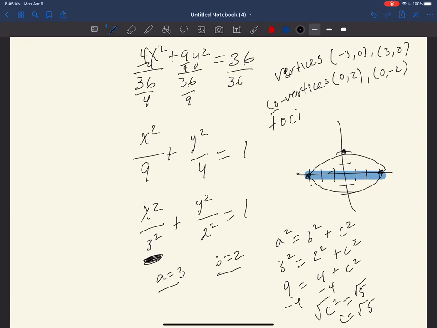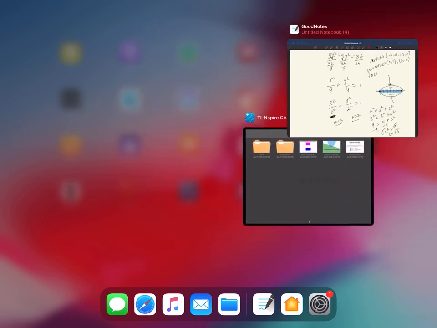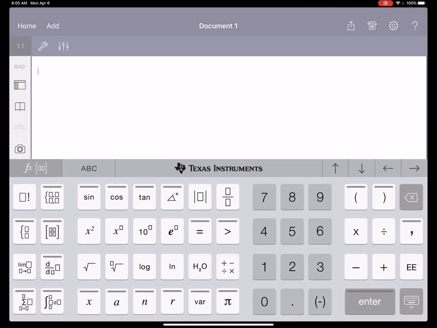So we're going to convert square root of 5 as a decimal just so we can get a better approximation. So I'm going to go to my calculator, type in the square root of 5.